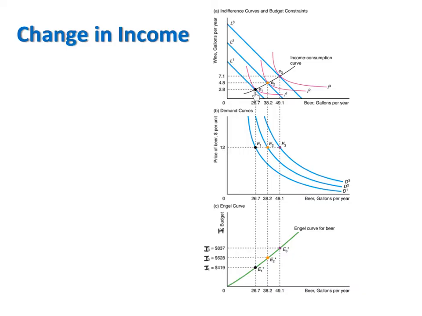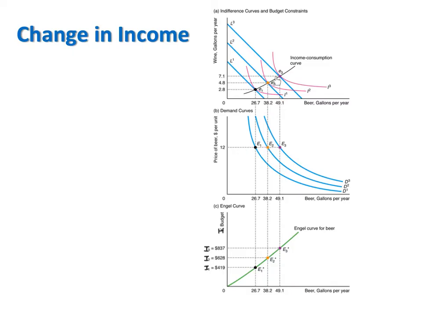When income increased, the consumer chose E2 with 38.2 gallons of beer per year, but the price of beer hasn't changed. So E1 and E2 both correspond to the same price, but different quantities of beer.